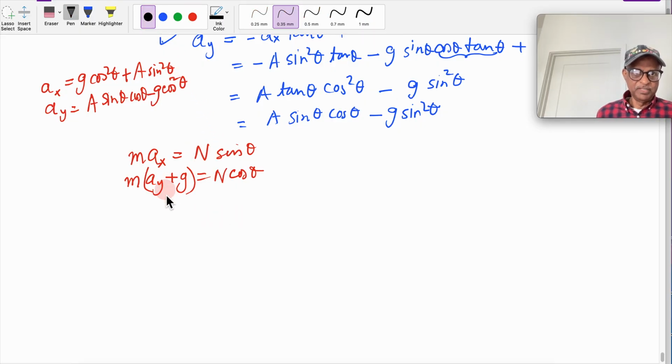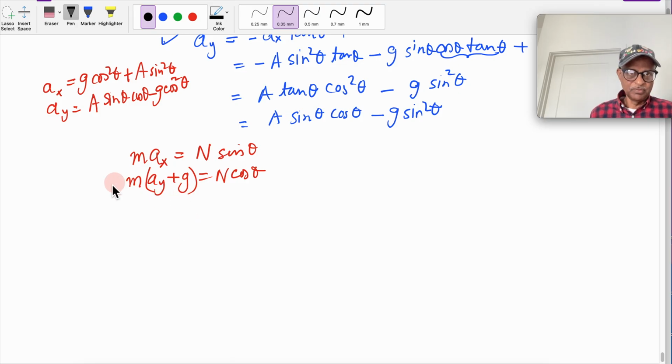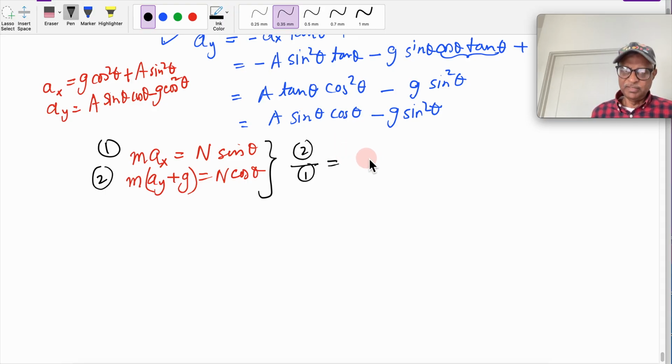I will do it a little bit differently, because AY is already here. Divide this. So this is 2 and this is 1. This time let's try 2 over 1. 2 over 1 is going to be, and tangent theta is coming, so this will be AY plus G over AX, and the other side will be 1 over tangent theta, right?